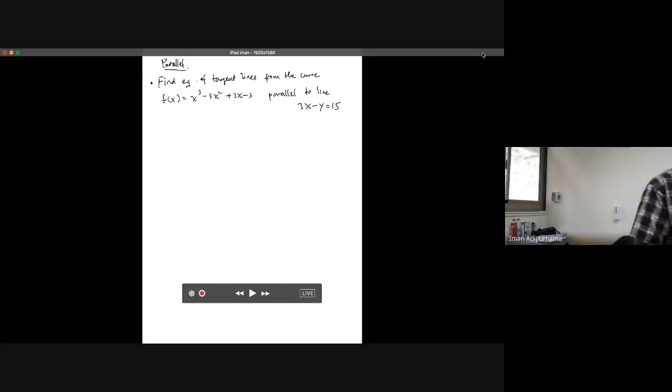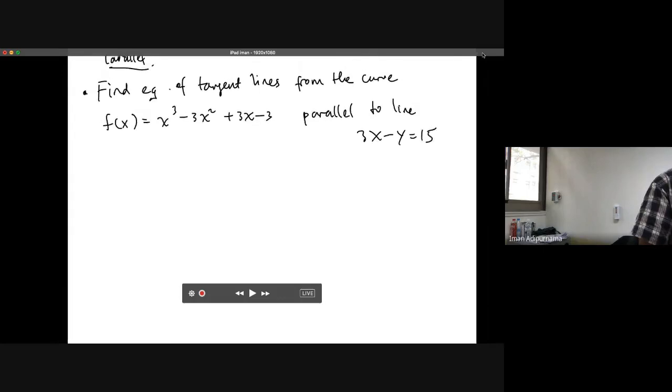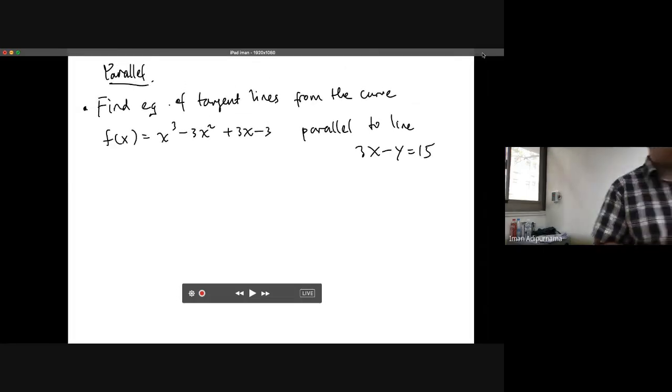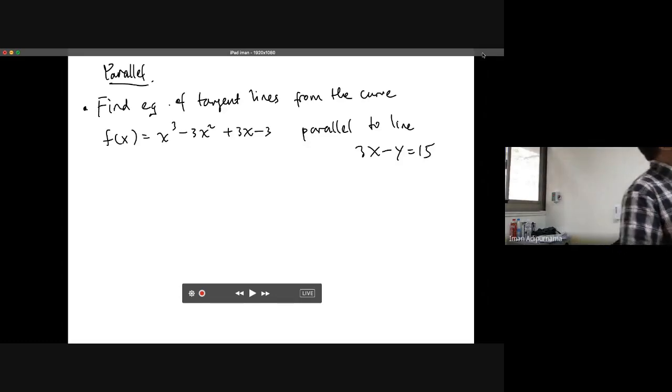So first is this one: find the equation of the tangent line from the curve, where the tangent line is parallel to the line 3x minus y equal 15.